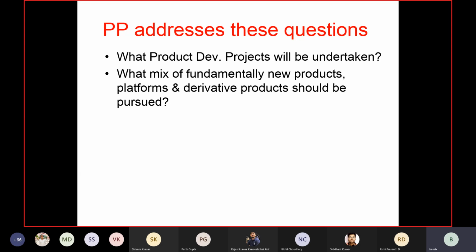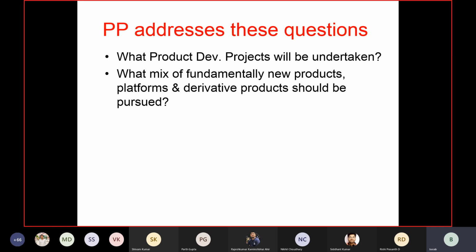See, fundamentally new products means there is an element of research in that, right? Because you need to do a lot of internal research, so it's a time-consuming process. Many human resources are required, and also there is a risk of failure because it can always fail. Then platform products, we already know something because we heard the terms in our last two classes, I think.